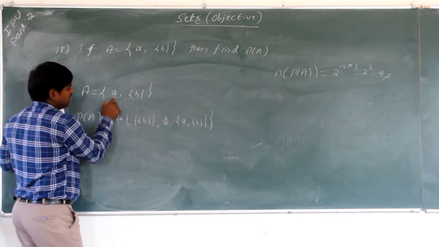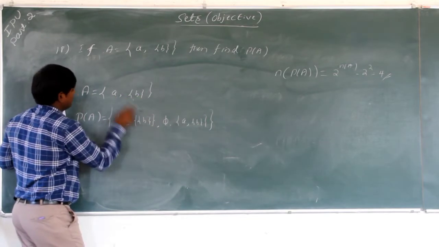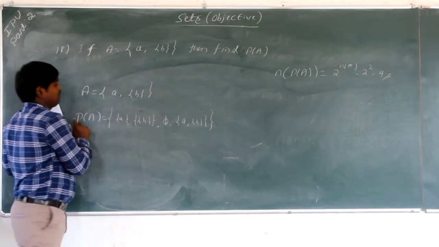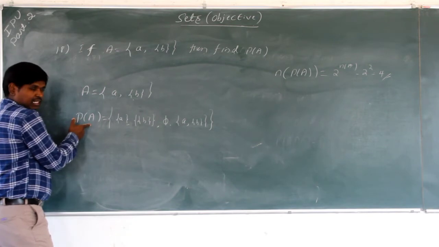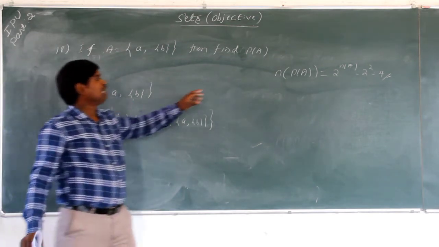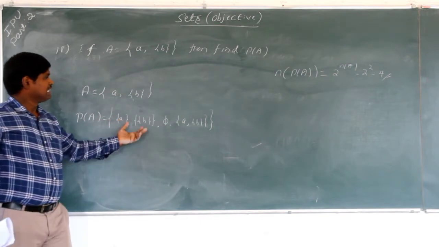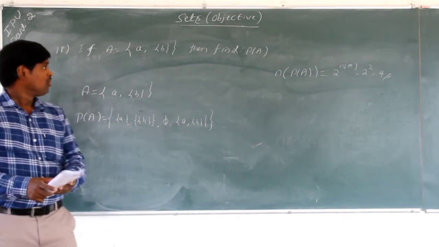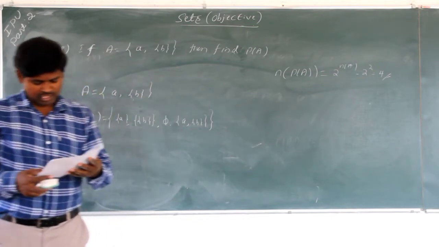And A is one element, so this is a subset, and B is one element, so this is a subset of set A. Therefore this collection of all subsets of A is nothing but the power set of A. So option A is the right answer. Option A. Okay.